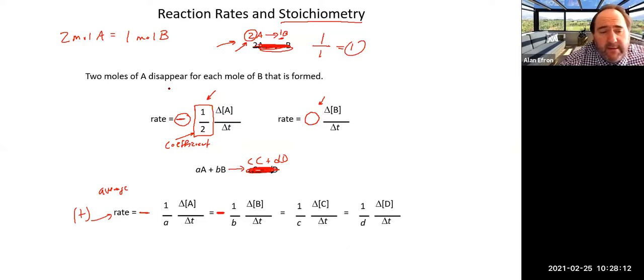Yeah. So again, this is what is referred to as a rate expression. These negatives are always for just the reactants that need to be included.